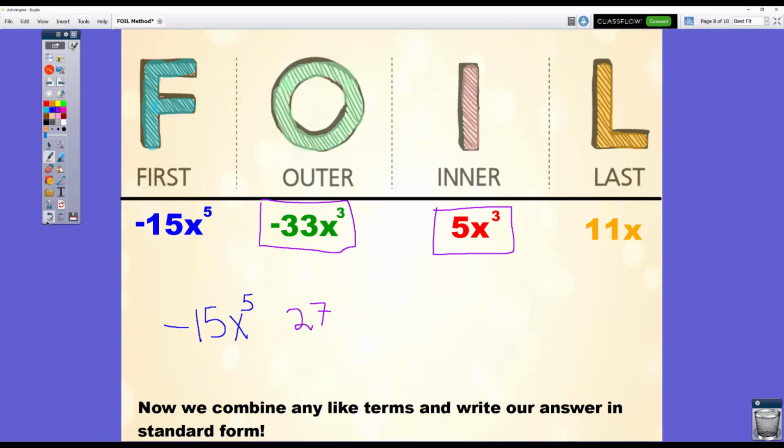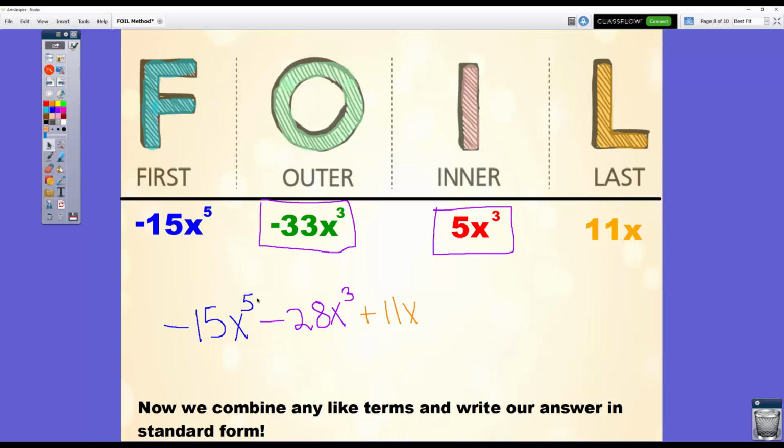Oops, not 27. 28x cubed. And we keep the sign of the bigger number, which is negative. So it's going to be negative 28 x to the power of 3. And over here, we're going to end with our positive 11x. So negative 15 x to the power of 5 minus 28x cubed plus 11x is our final answer.